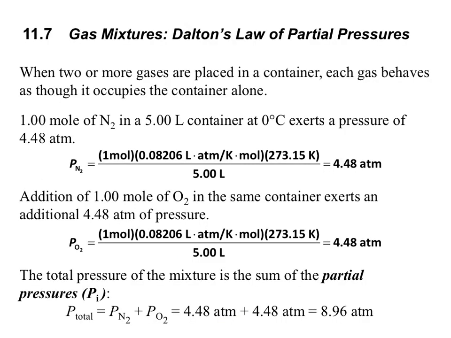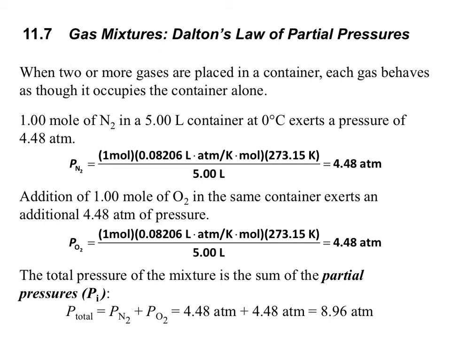Gas mixtures: Dalton's law of partial pressures. When two or more gases are placed in a container, each gas behaves as though it occupies the container alone. For example, if you have 1 mole of nitrogen gas in a 5-liter container at 0 degrees Celsius, it exerts a pressure of 4.48 atmospheres.